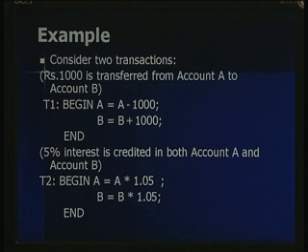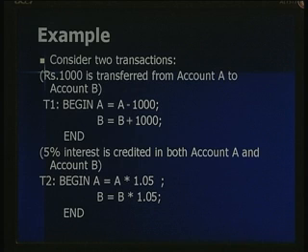Transaction T2 is an interest payment transaction. It is crediting a 5% interest into each of the accounts. What is shown here is T1 and T2 operating simultaneously on the banking system.